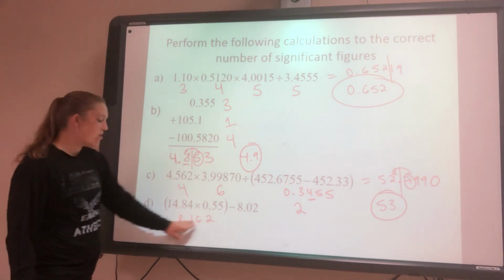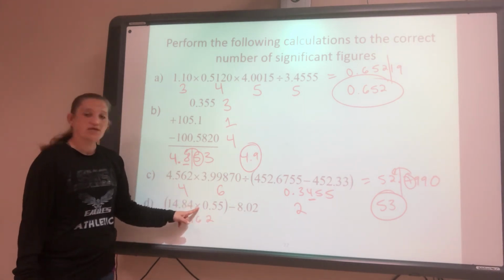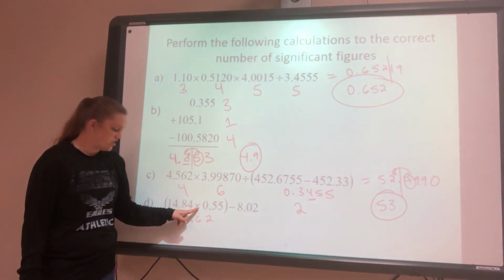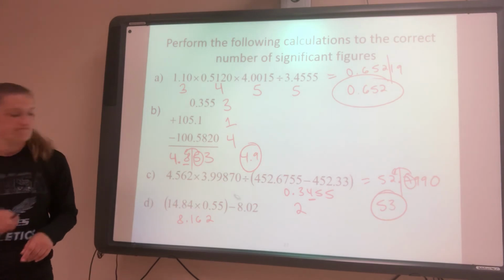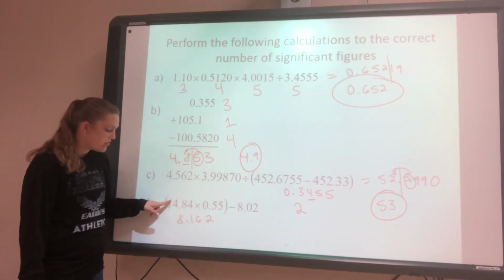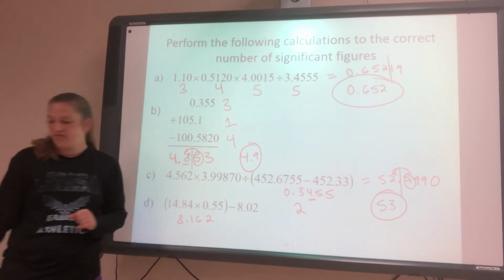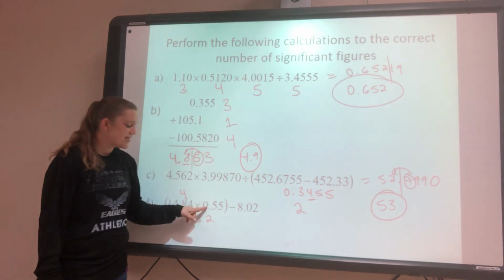Now I want to know, do all these numbers count? So we're doing multiplication. So multiplication goes by significant figures. Okay? Let me erase this so I can write on top this time. So 14.84, they're all non-zero, so they all count. So this is 4 sig figs. The 5s count. This is a leading 0.